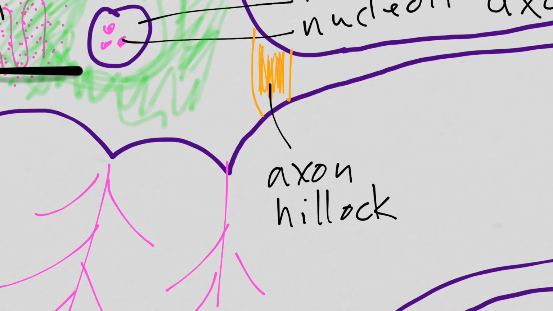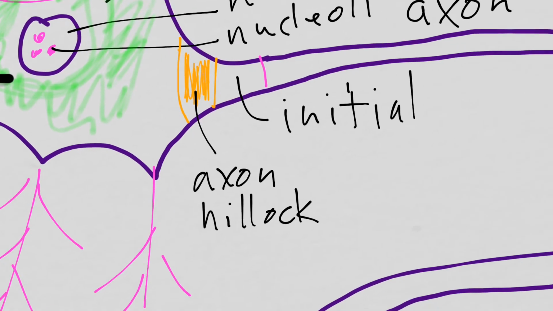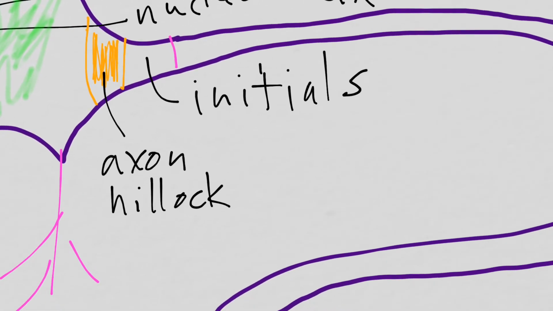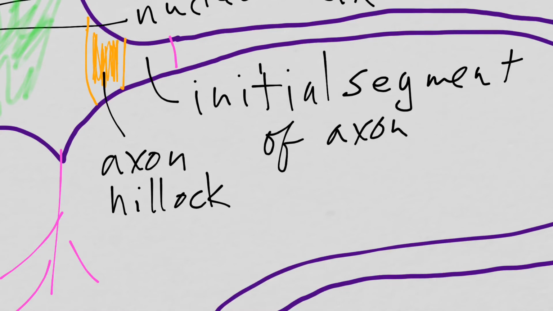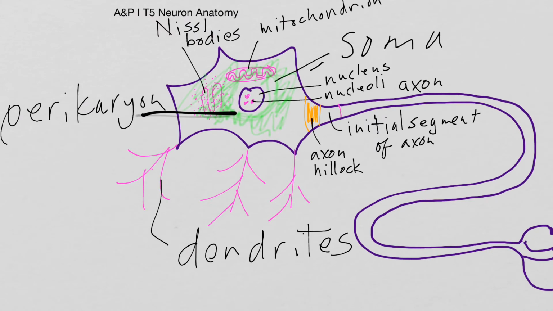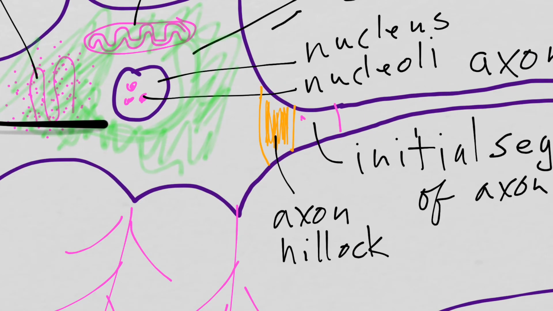And then we need the initial segment of the axon. Initial segment of axon. Actually, let's draw that one in real quick so it's clear we mean this whole region.